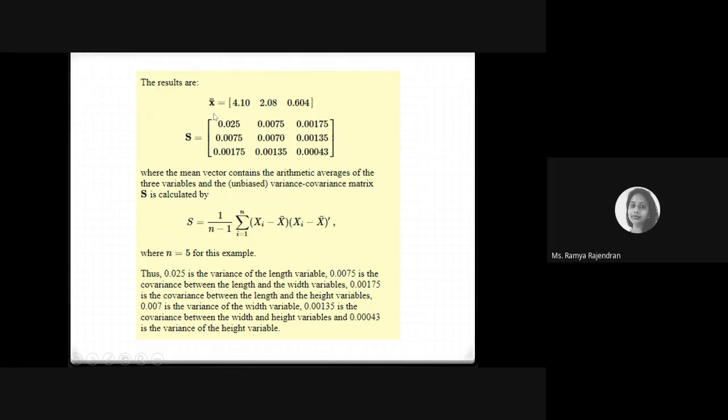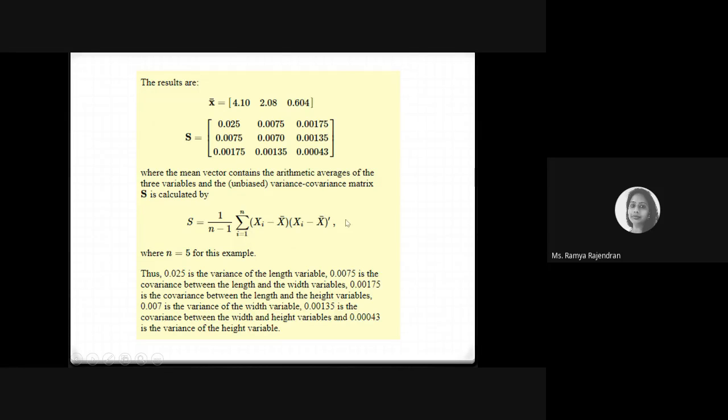Here we have computed the variance covariance matrix through the formula. The formula here is nothing but summation of xi minus x bar into xi minus x bar divided by n minus 1.